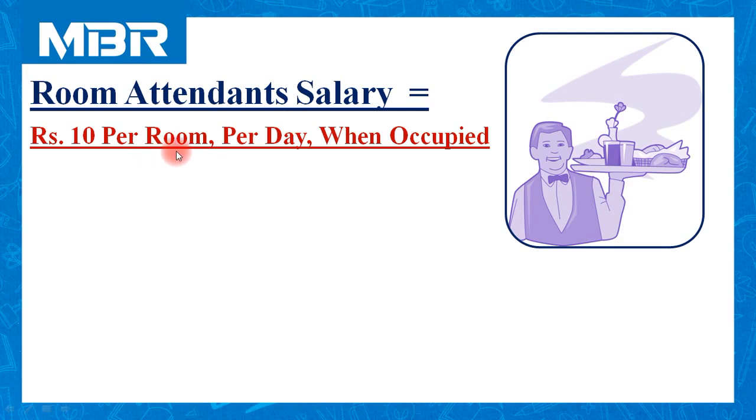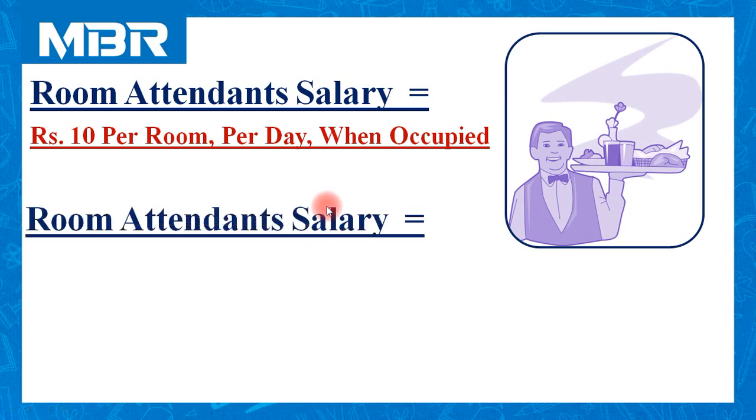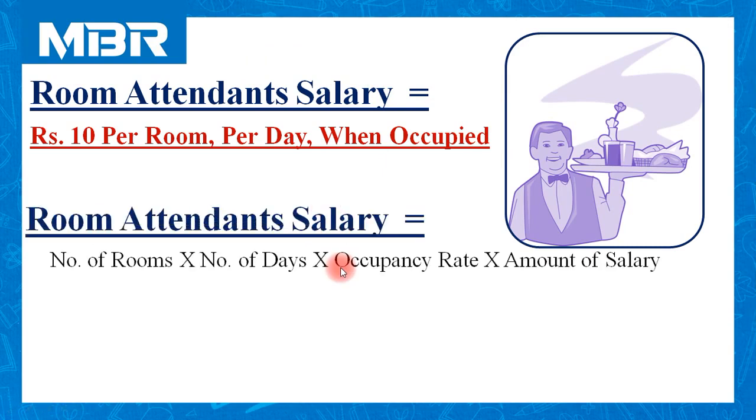First factor is a room, second factor is day, and third factor is occupancy rate, and we need to calculate our salary accordingly. So for the purpose of calculation of the salary, we need to consider number of rooms, number of days, occupancy rate, and amount of salary. You can check the condition.